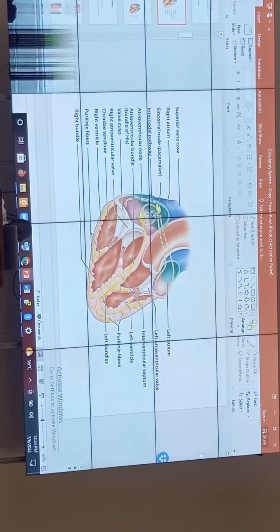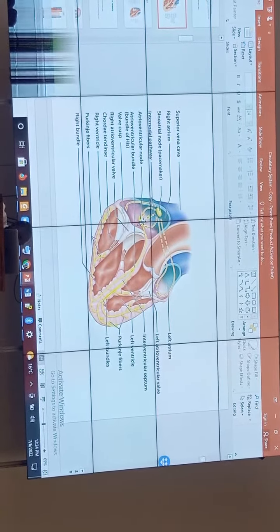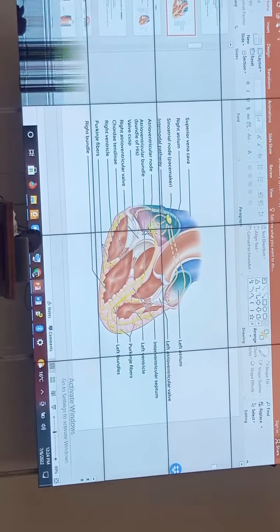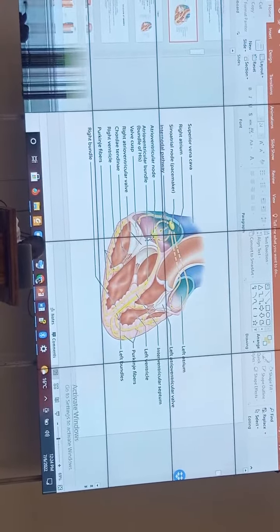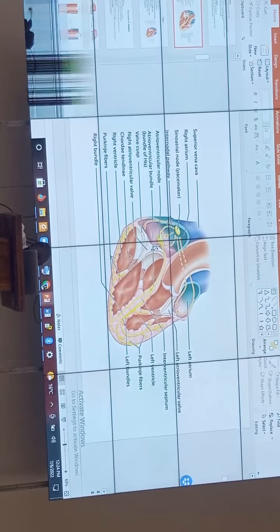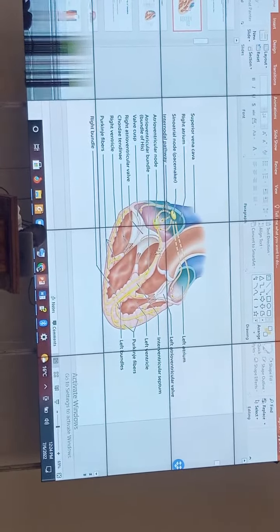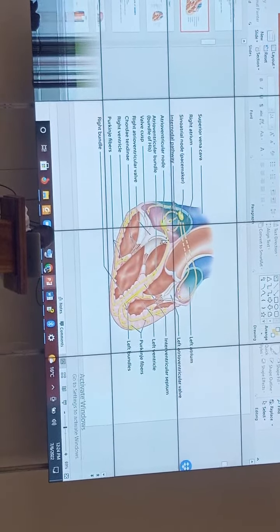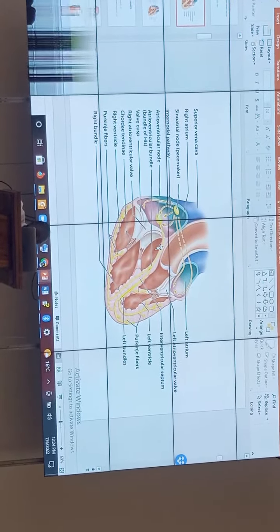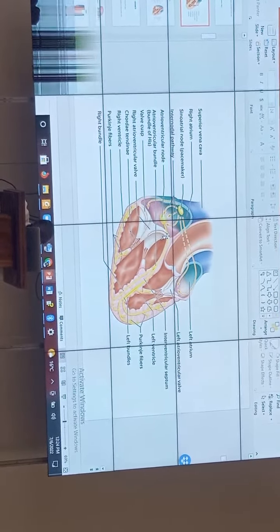Once this node gets the impulses, it amplifies them, and then ensures that they are transmitted out of the node into the atrioventricular bundle of His. The atrioventricular bundle of His passes through a little opening in the cardiac skeleton.